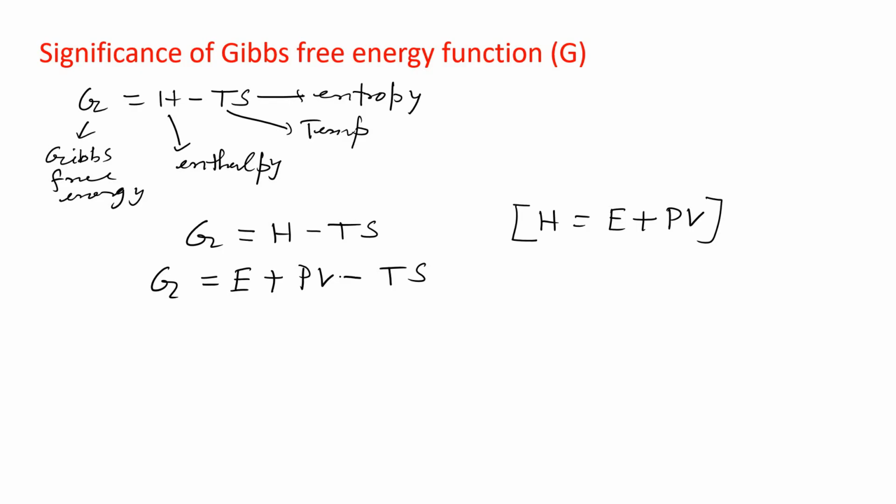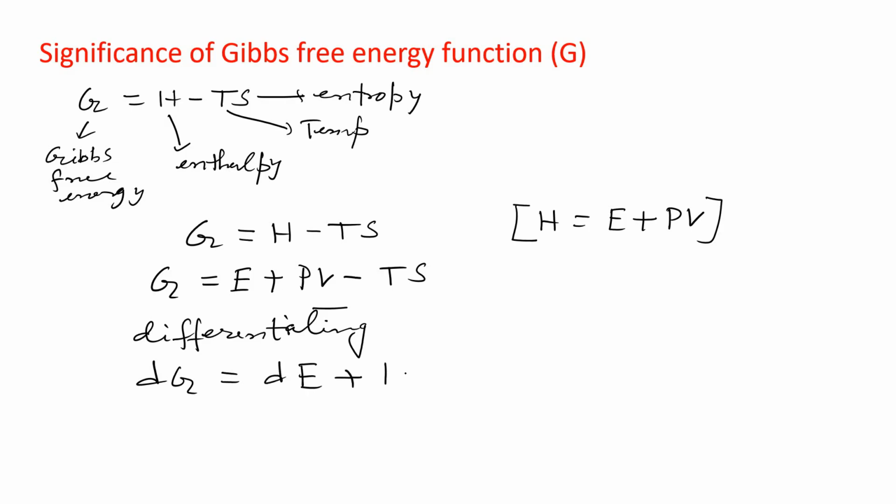Now we'll take the complete derivative, that means differentiating. What we'll get? We'll get dG is equal to dE plus PdV plus VdP minus TdS minus SdT.